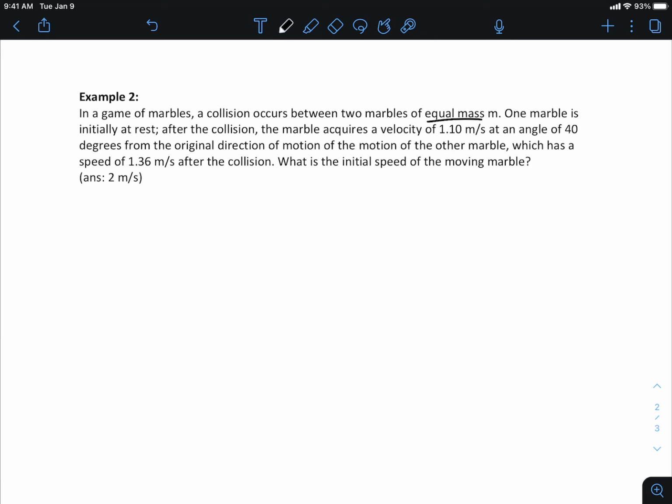So we'll draw our diagram. We have a mass, and it's moving, contributing all the momentum. We'll call it V1. It is going to collide with a second marble of equal mass, whose velocity, V2, is equal to 0.